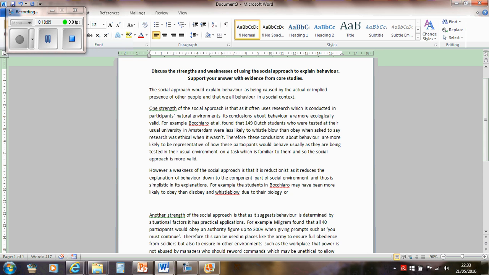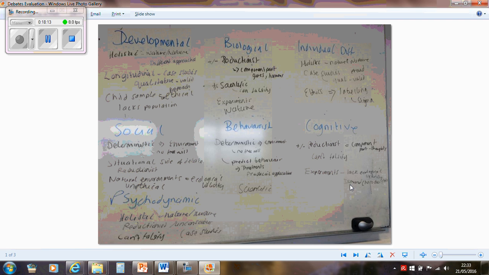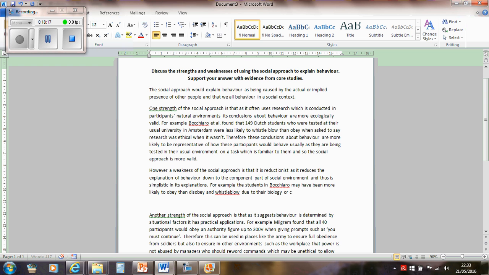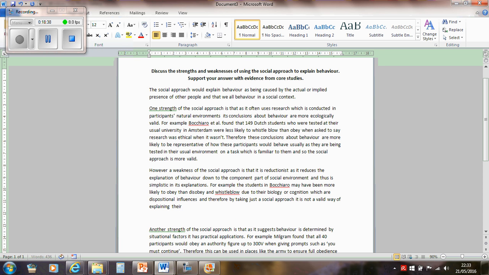Due to their biology or behaviour is still quite social, or cognition, biology or cognition, which are dispositional influences. And therefore by taking just a social approach, it is not a valid way of explaining their behaviour.